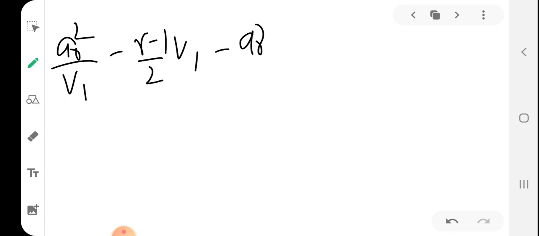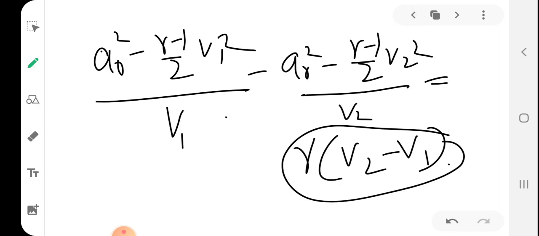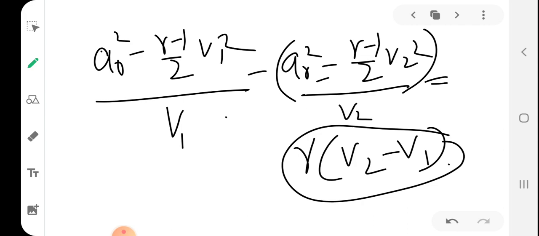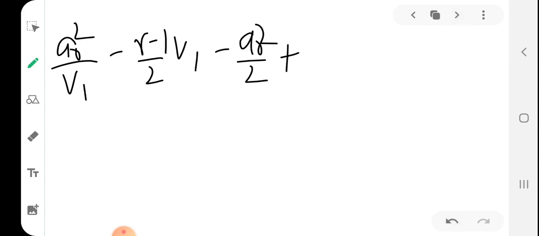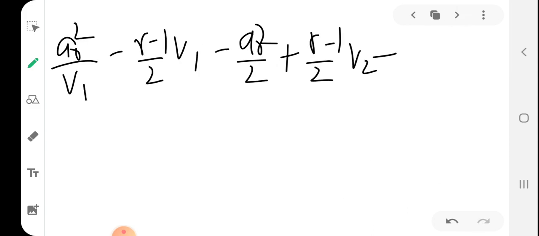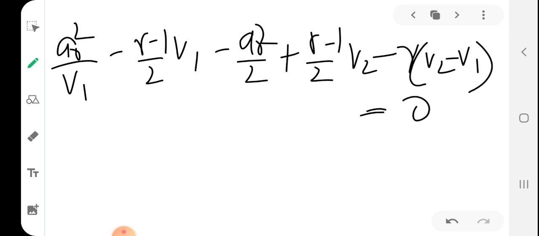Similarly, minus A0 square by V2 plus, since it is inside the bracket, when the bracket is opened this sign will become positive: positive (gamma minus 1) by 2 V2. And I am bringing that gamma (V2 minus V1) to the left side, so it will become minus gamma (V2 minus V1) equal to 0.